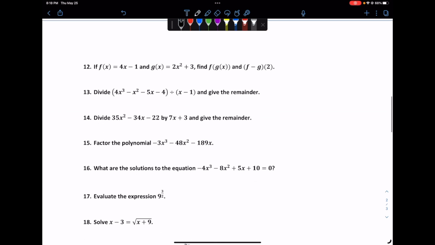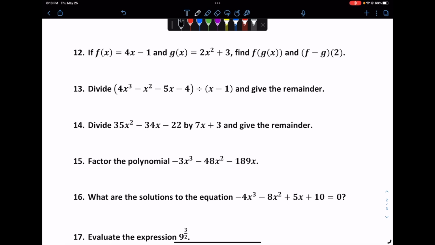All right, so number 12. Let's take a look at number 12 here. So we've got f of x and g of x. They want us to find f of g of x, and they want us to find f minus g of 2. So two things. All right, so f of g of x.